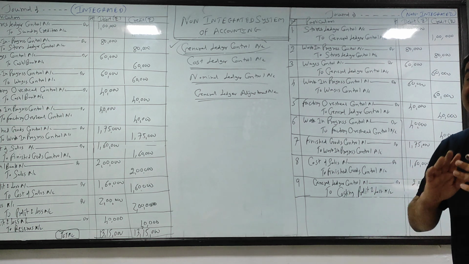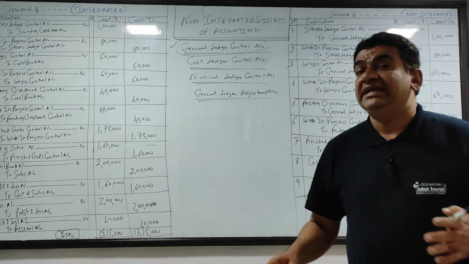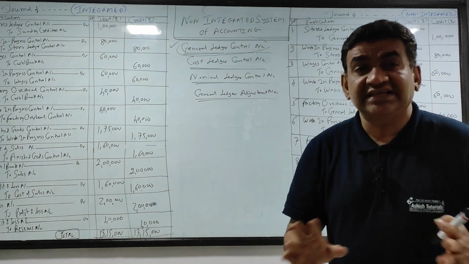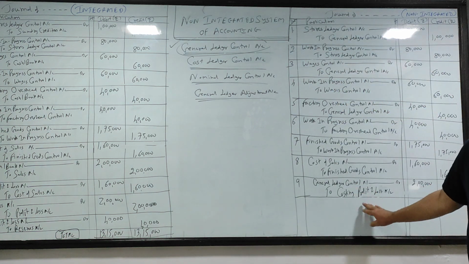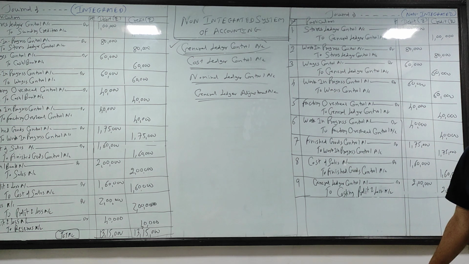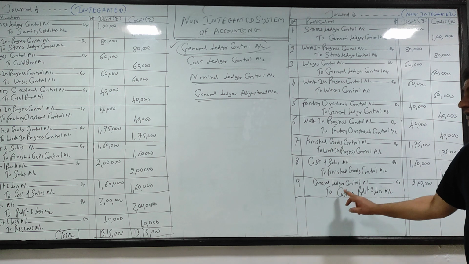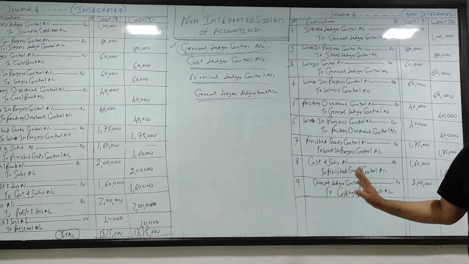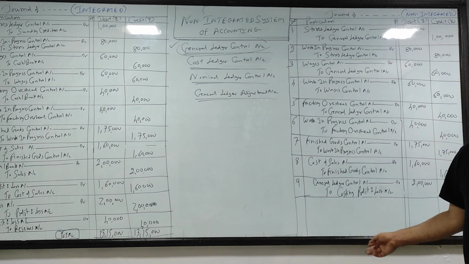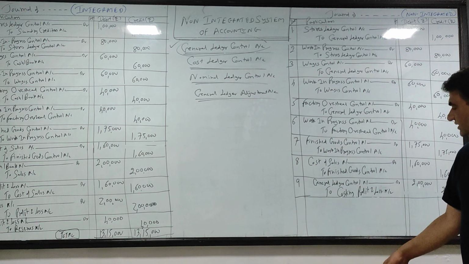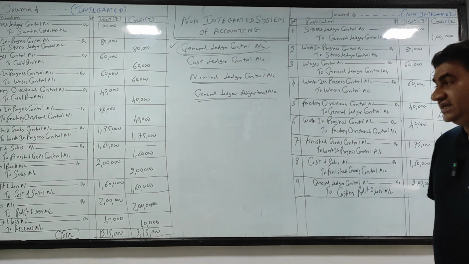If the question doesn't tell you to make ledger accounts, or to prepare sales account, then you do this only. Only when the question tells you to make sales account, you will do sales, and later on there will be an entry where sales will go to costing P&L. It's one and the same thing. Clear, guys? So this is the entry for sales.